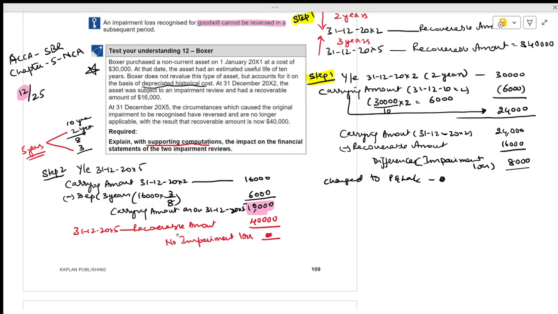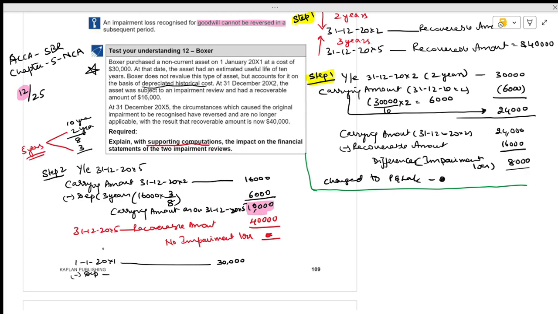Now we have to know the actual value. When we purchased on 1/1/2001, how much did we purchase for? We purchased for 30,000.